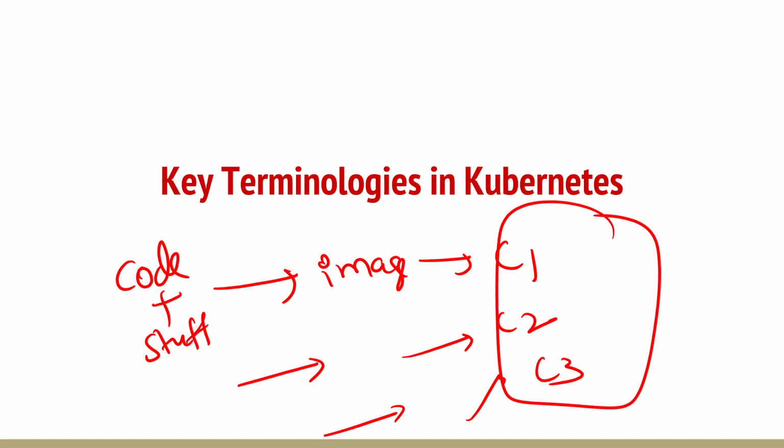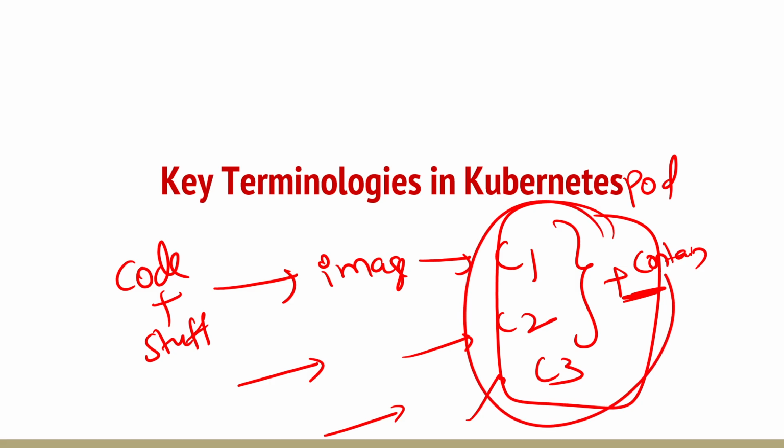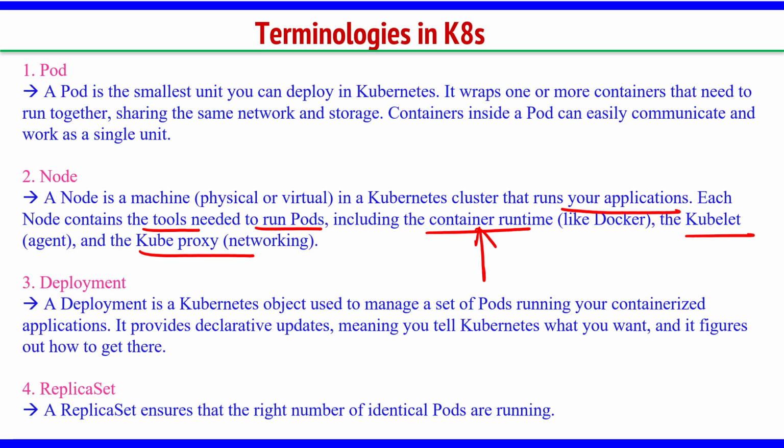All this can be kept inside a pod. So, these three plus the container runtime, something which is required to run these containers, can be kept inside a pod and we will be running these pods. Okay. The health of the pod will be taken care of, right.